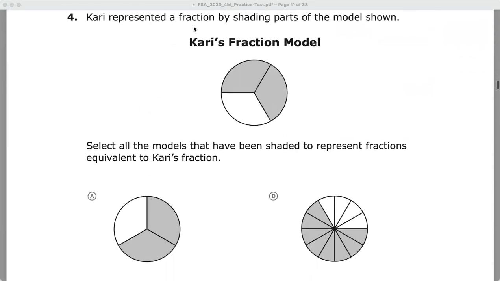Okay, Carey represented a fraction by shading parts of the model shown. In this particular model, there's 1, 2, 3. There's 3 total parts and 2 are shaded. So the 2 that are shaded over 3 total.